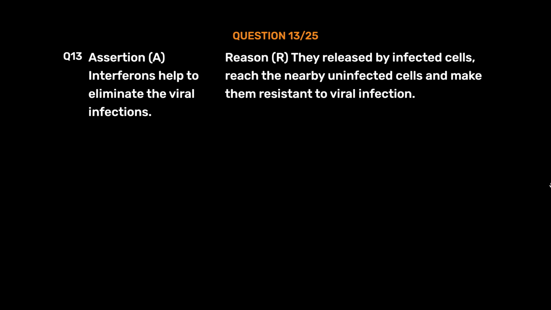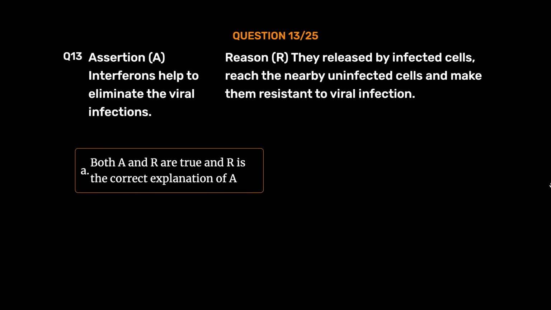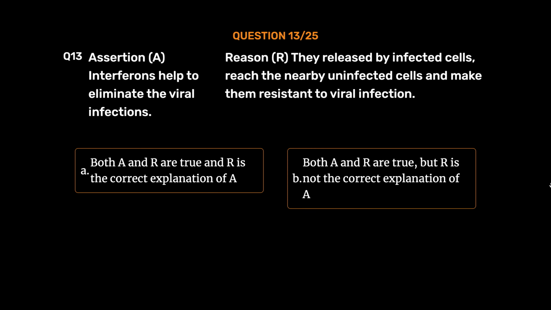Question number 13. Assertion. A. Interferons help to eliminate the viral infections. Reason. R. They are released by infected cells, reach the nearby uninfected cells and make them resistant to viral infection. Option A. Both A and R are true and R is the correct explanation of A. Option B. Both A and R are true, but R is not the correct explanation of A. Option C. A is true, but R is false.